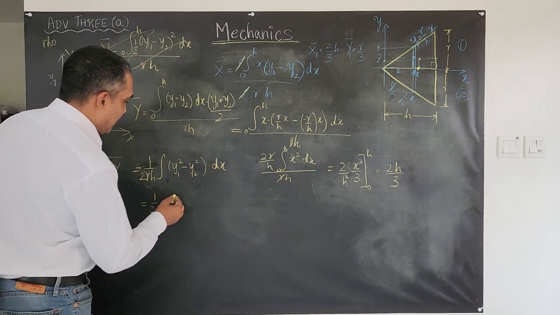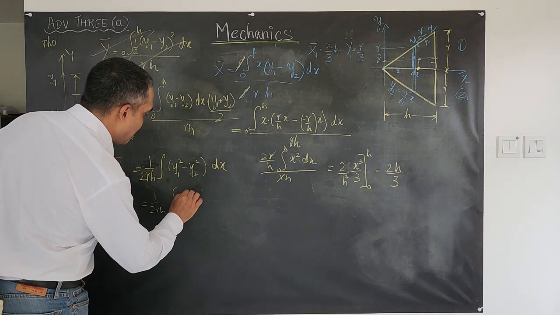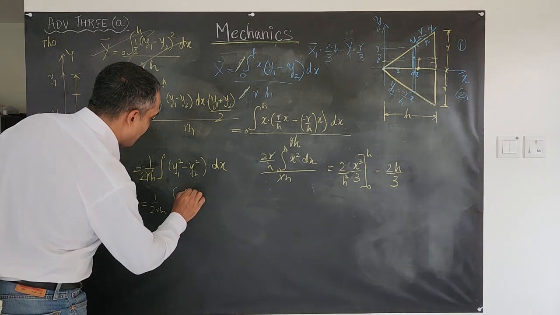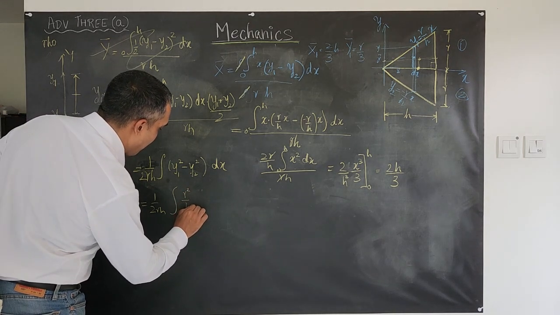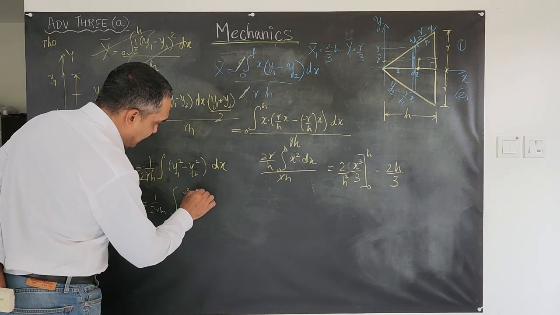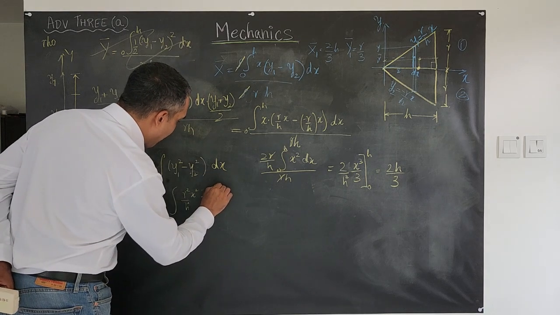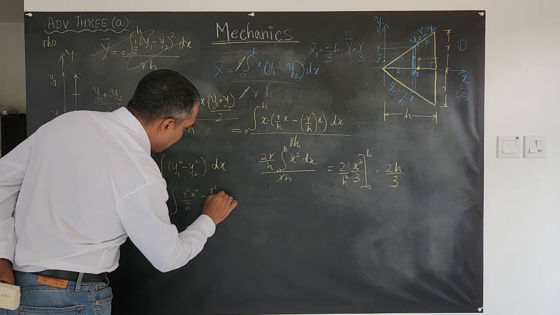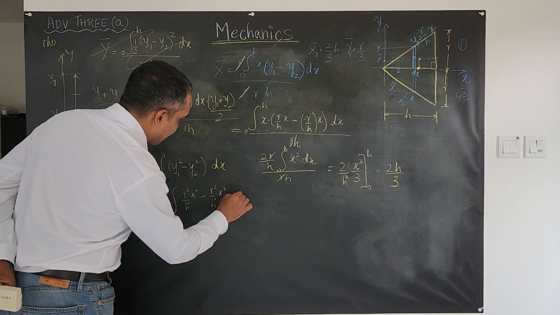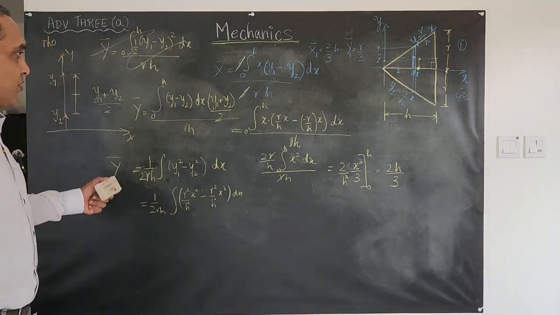So if you just do the math right here, without even doing the integration, I could just write r squared by h squared x squared minus, again, there is a negative, but I'm squaring it, so it's positive, r squared by h squared x squared dx, and the rest is straightforward. It's 0, so y bar is 0.